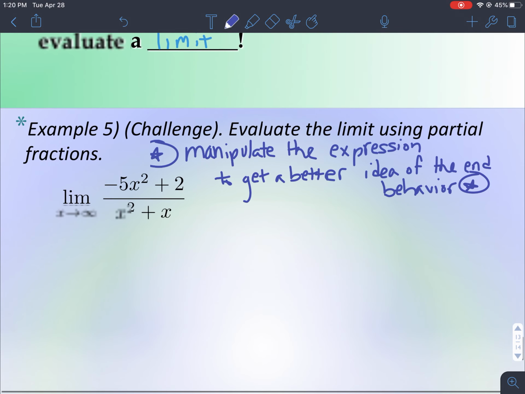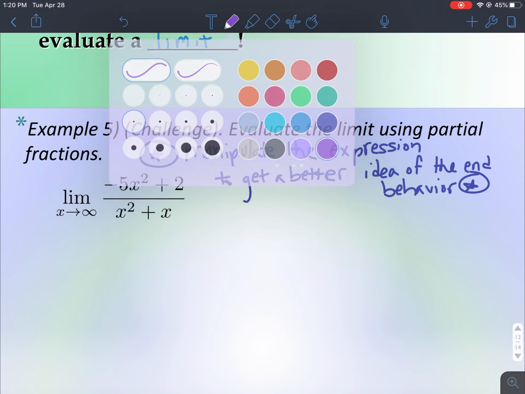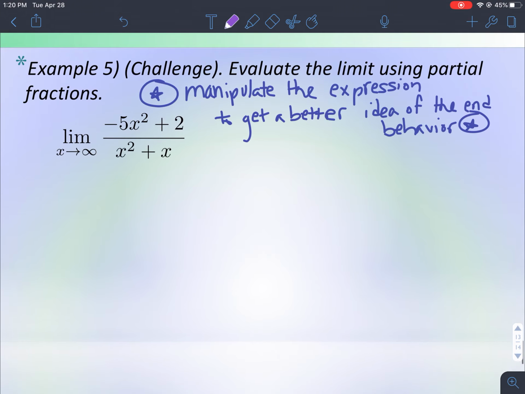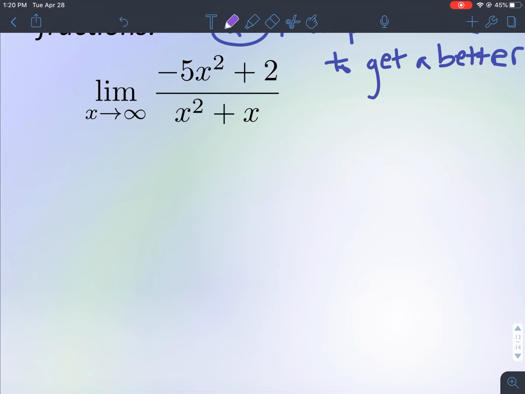So what could I do? It looks like I can break up this particular expression into its partial fraction decomposition. So first, recognize that it's improper, and that means we have to perform the division.